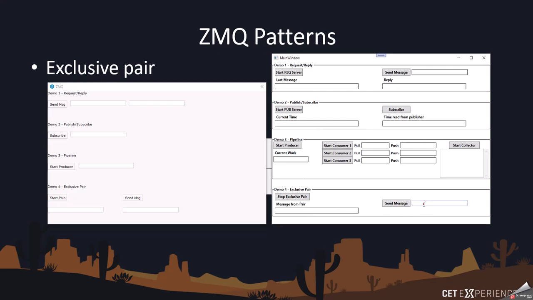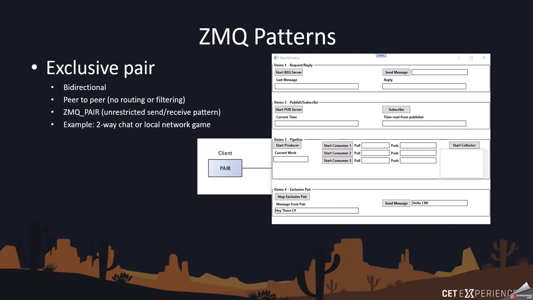And then I can say, hello, CM. And then CM is going to reply back to the C# application. So this is basically a very poor man's chat program, but you can do a lot of things with that.